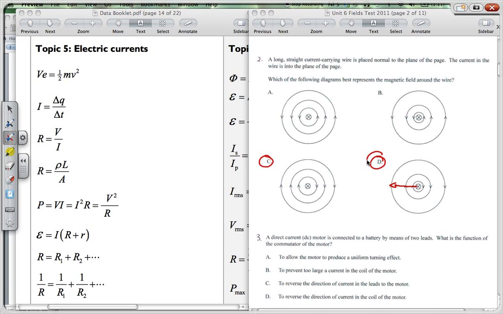So D would be better, because it shows that your magnetic field is decreasing as you move away from the wire, whereas where the lines are evenly spaced, it would be a uniform magnetic field, which isn't the case. So C is not the correct one, D is the correct one.